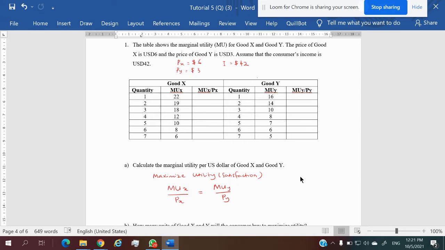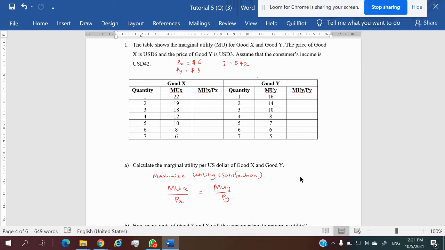This is the marginal utility of good X divided by the price of good X. This is where you can maximize the use of good X. And this is the point where you can maximize the satisfaction of using good Y. So to find the maximization of both goods, we have to use this formula. Then we will look at the combination of goods that can help you maximize the satisfaction of using good X and good Y.